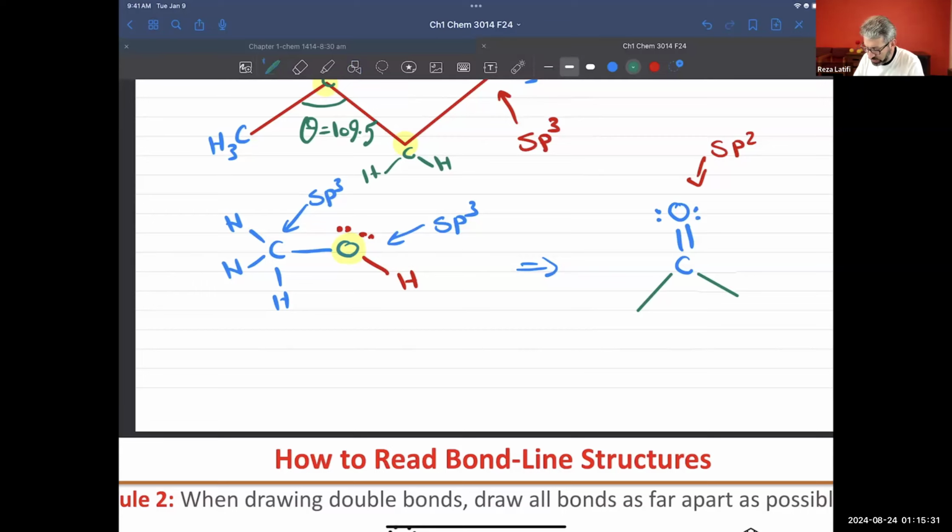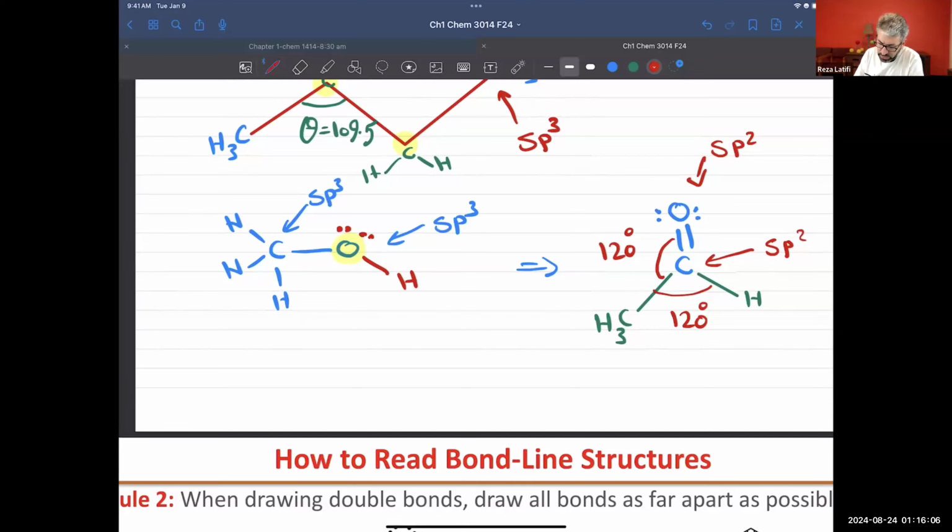Say, for example, we have here a hydrogen, and this one we have CH3. In that case, because the hybridization for carbon is sp2, I expect this bond angle to be 120. And the same thing here, I expect it to be 120 as well, because carbon and oxygen both come with sp2 hybridization.